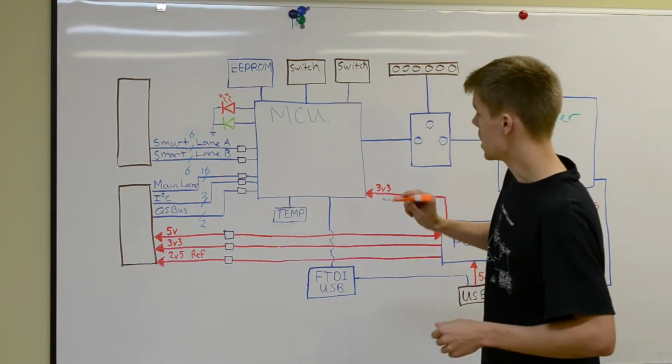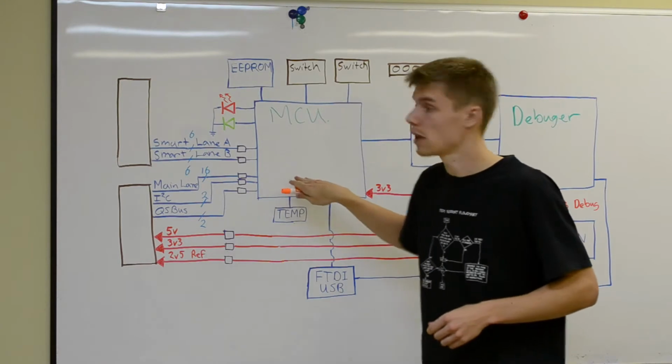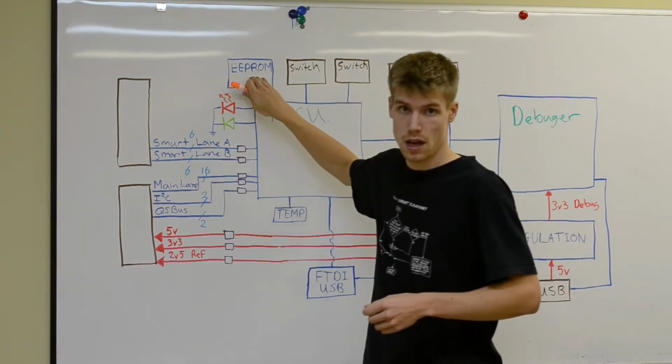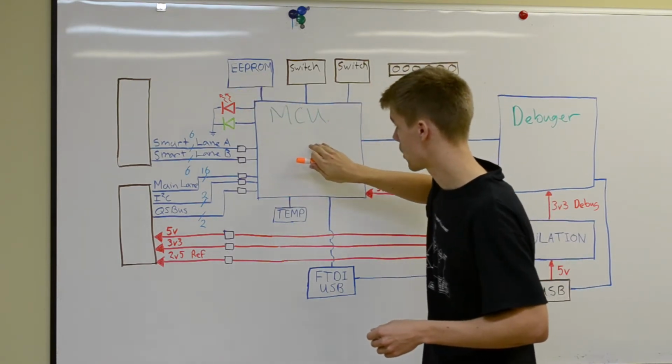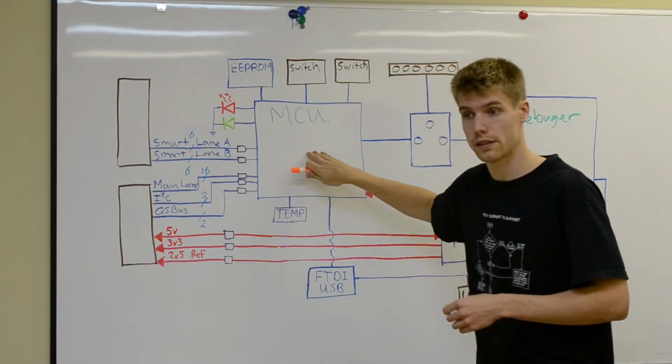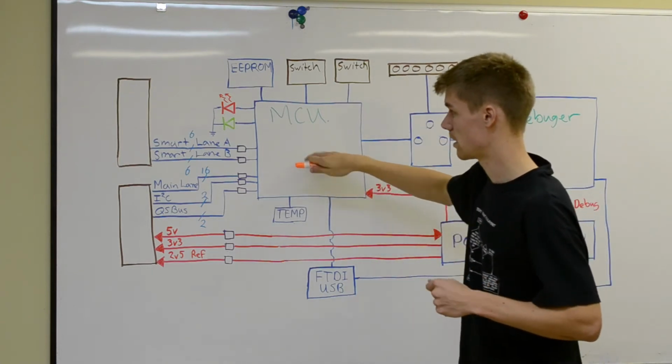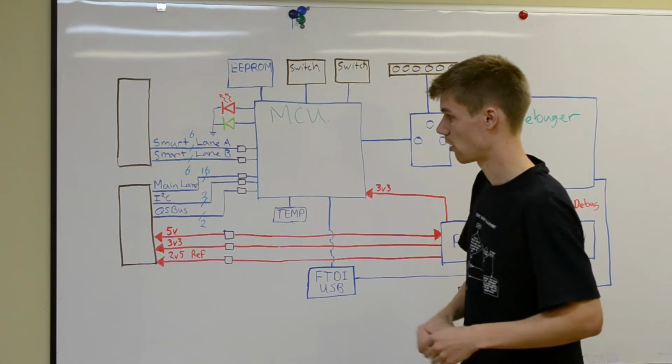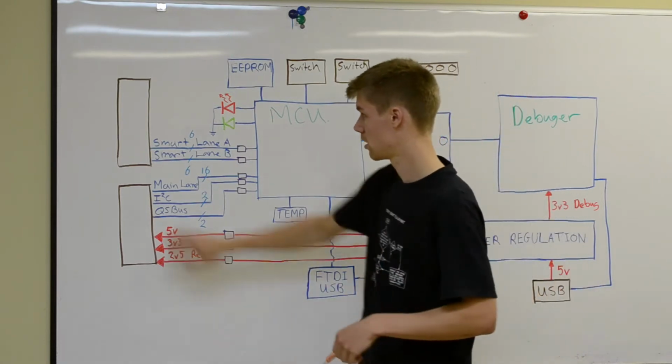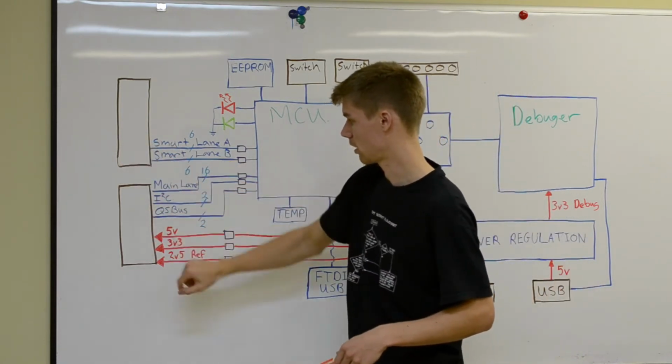So we store the actual calibrated value in the EEPROM, and the QuickStack software then uses that offset to calculate the actual analog values that you might be measuring over either the two smart lanes or the main lane.